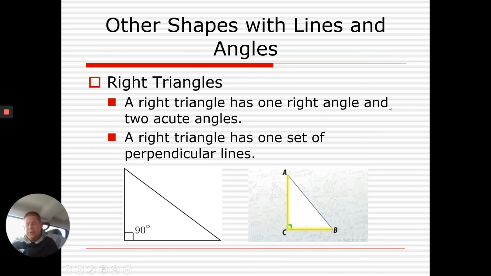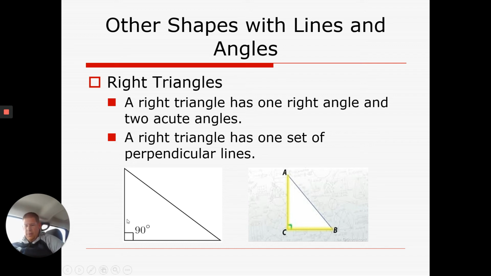All right, let's talk about some other shapes that you might see. A right triangle has one right angle and two acute angles. So if we look down here, here's my 90-degree angle, or my right angle, and then each of these other two angles are going to be less than 90 degrees. A right triangle has one set of perpendicular lines.